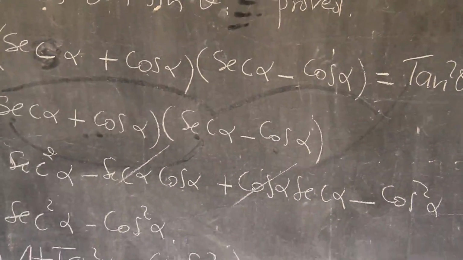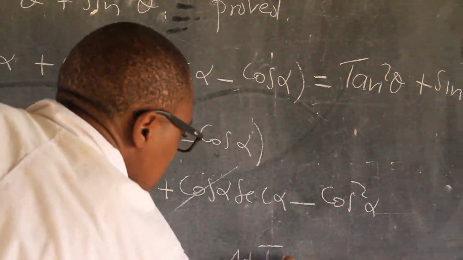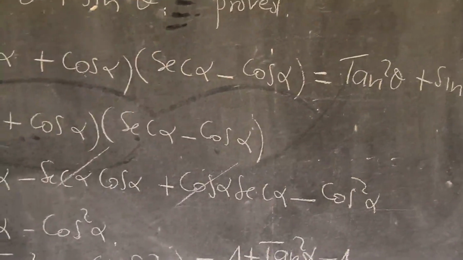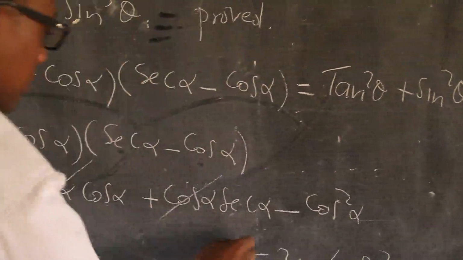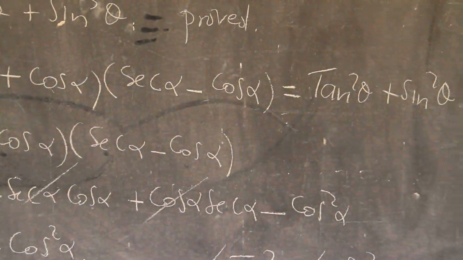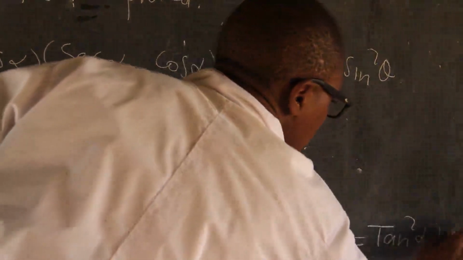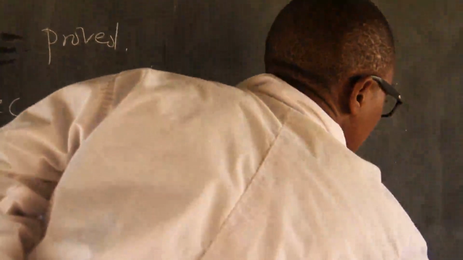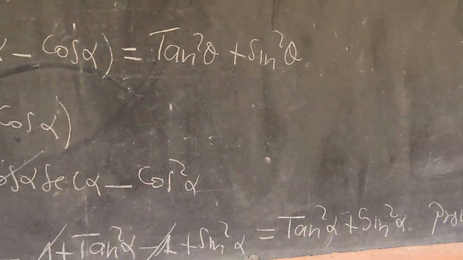So once I move the bracket, what happens? It is 1 plus tan squared minus 1 plus sine squared. So 1 and 1 they go. I mean it is tan squared plus sine squared. So proved.